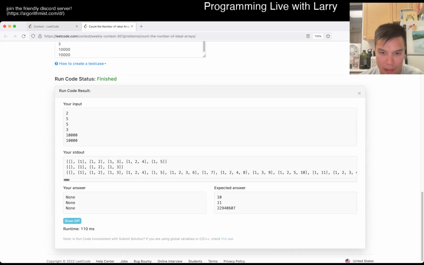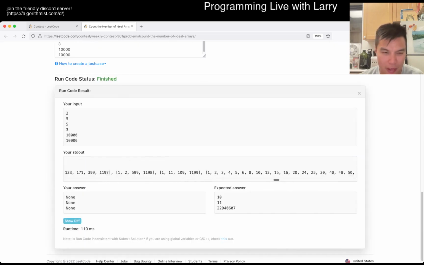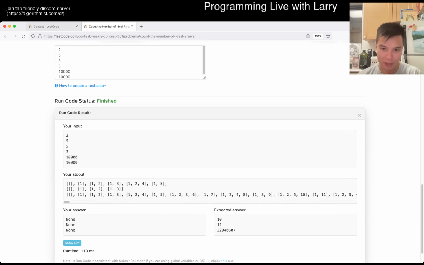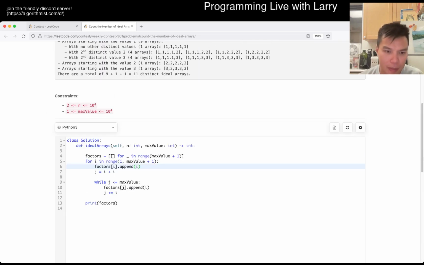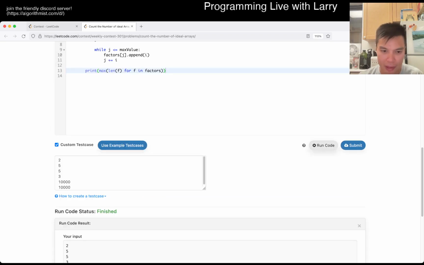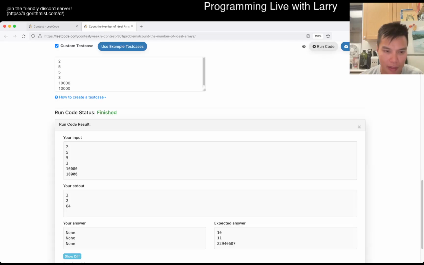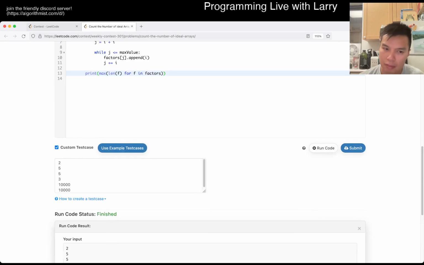This was actually pretty fast for getting all those 10,000 things. And then the key observation that I missed is that we can do max of length of f for f in factors. So then we can see how many factors we have. And 64 is the biggest one, isn't it? Is that right?